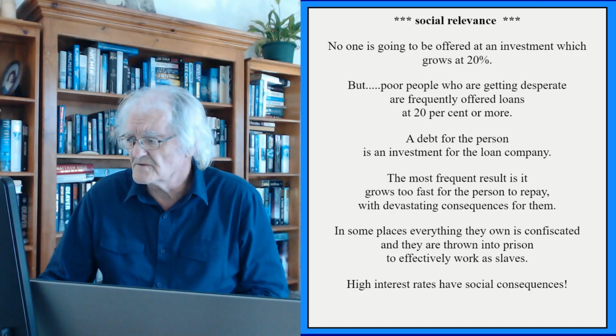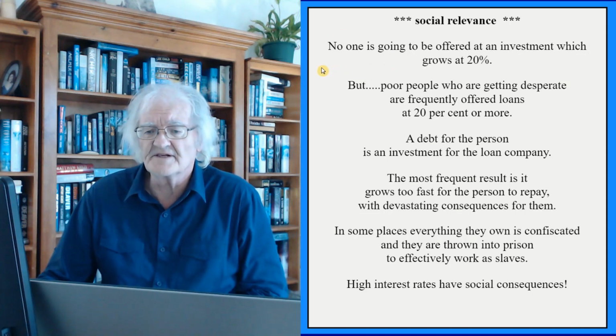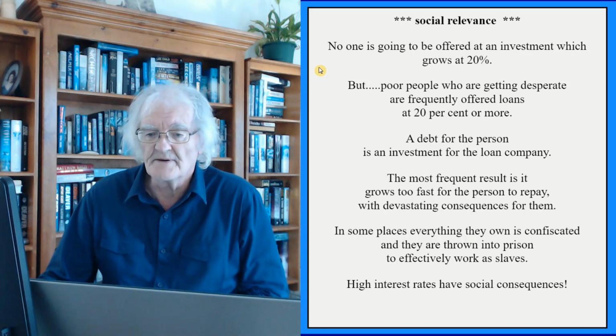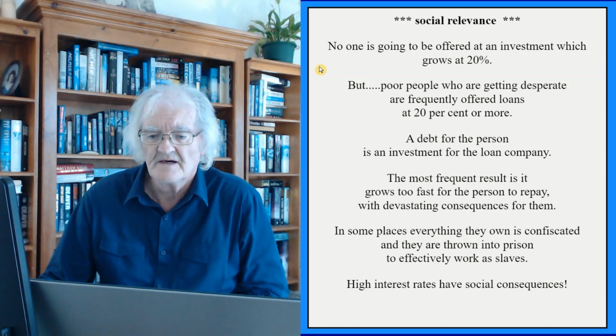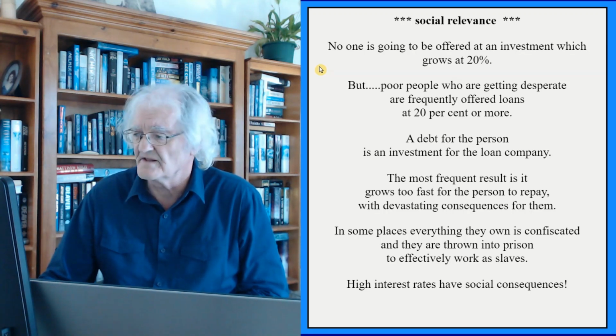Now, for a moment, we'll look at the social relevance of this. Nobody's going to be offered an investment which grows at 20%. But poor people who are getting desperate are frequently offered loans at 20% or more. A debt for the person is an investment for the loan company.